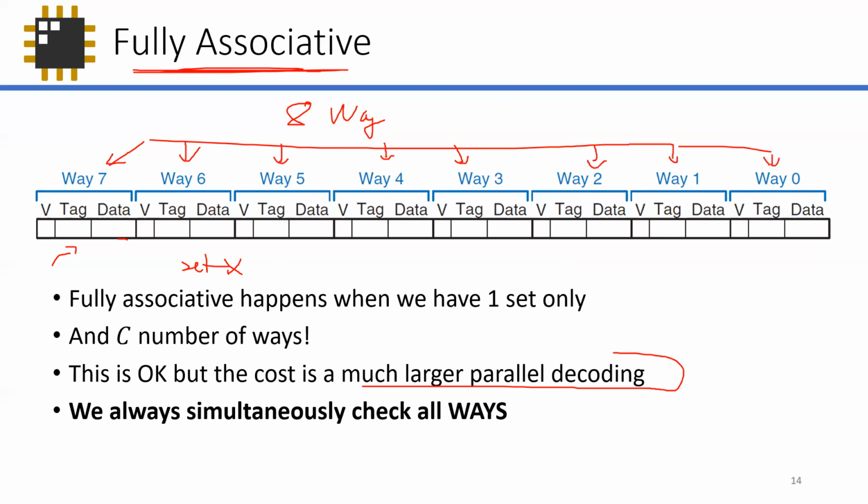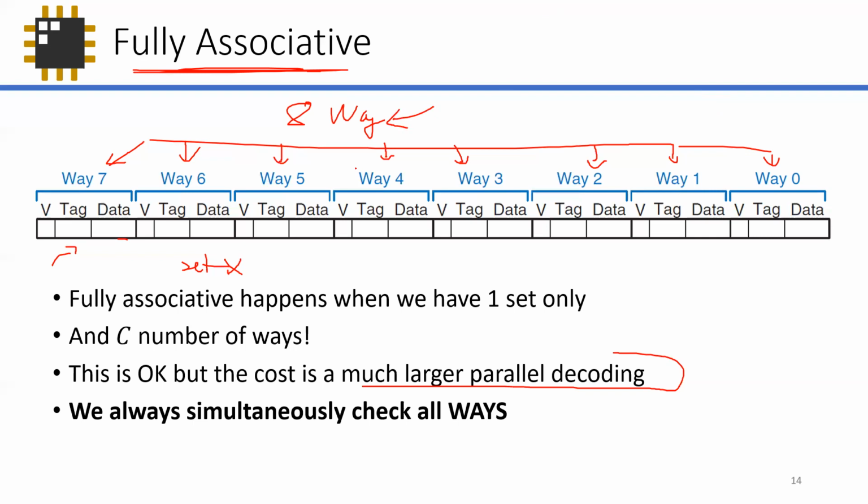So that adds a little bit to the combinational latency. And just like last time, if you add more combinational logic, the slower your processor becomes, or rather the maximum frequency you can achieve is going to be much lower, because you have to accommodate the logic delay of an 8-way set associative.